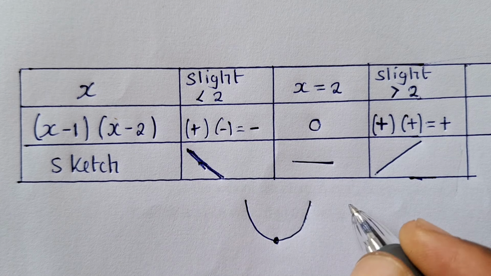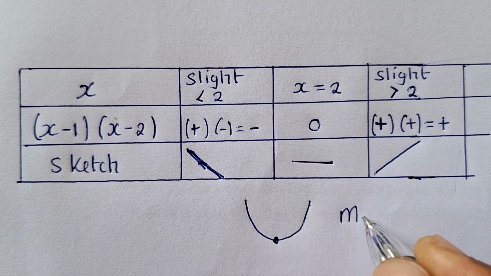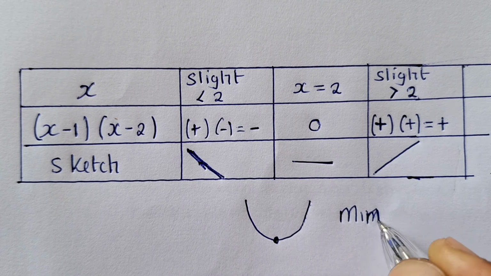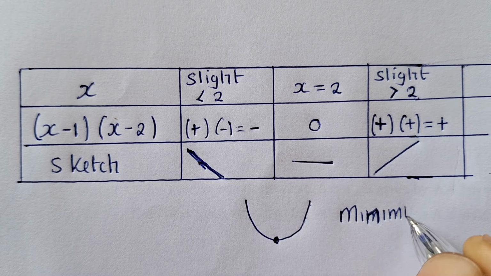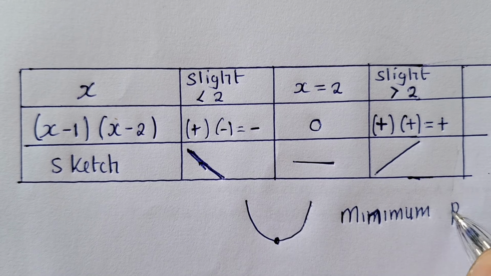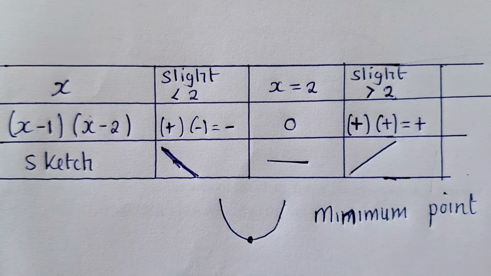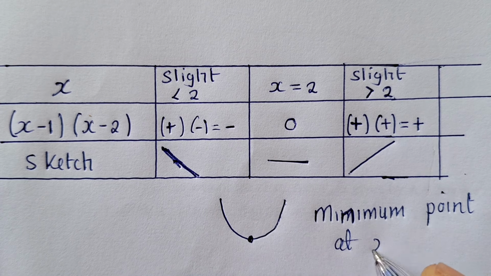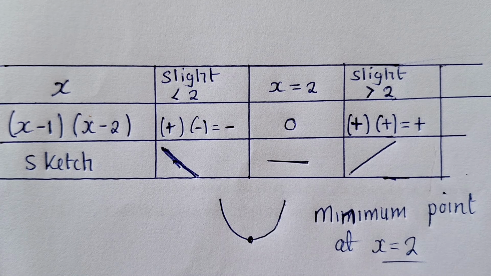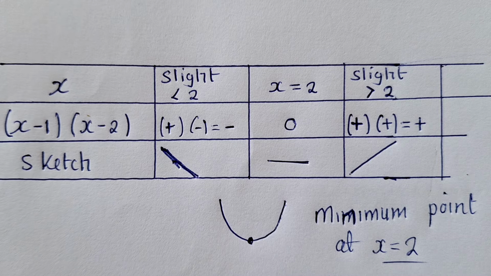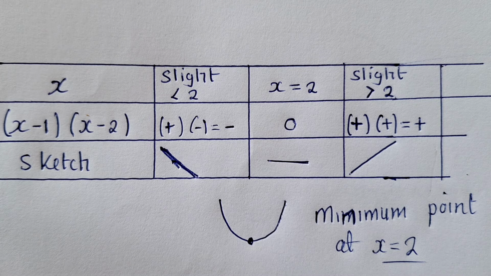So meaning here it's a minimum point. Minimum point at x is equal to 2. So that's how you get to answer this. Let's check out the next question.